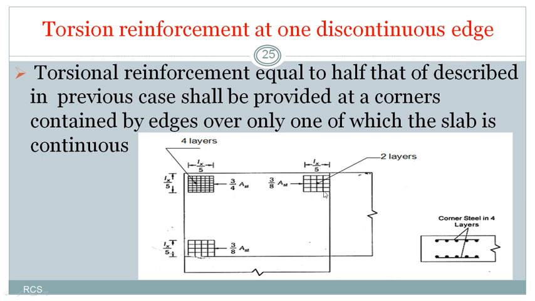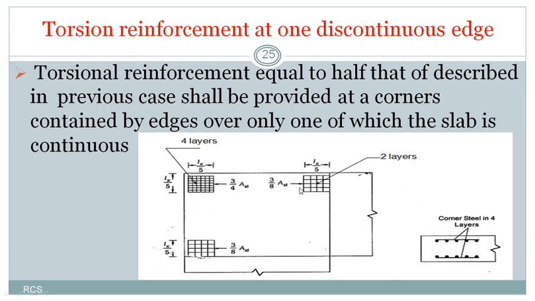In this situation, the length of the torsional reinforcement provided is Lx by 5, and the area of reinforcement provided is half of that provided in the previous case. In that case we provided 3/4 of AST, but in this case we provide 3/4 of AST by 2, that gives 3/8 of AST.